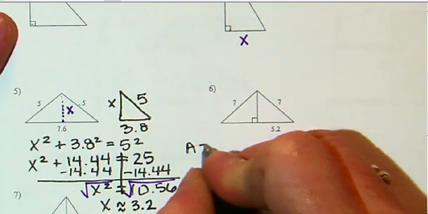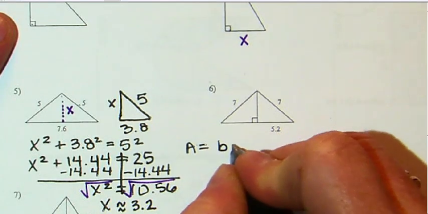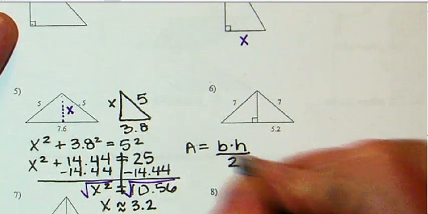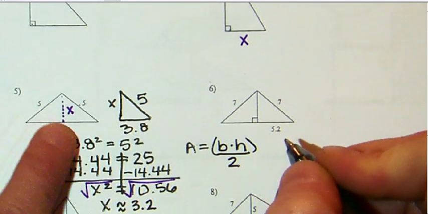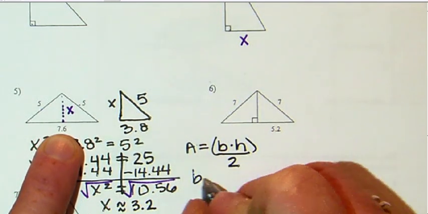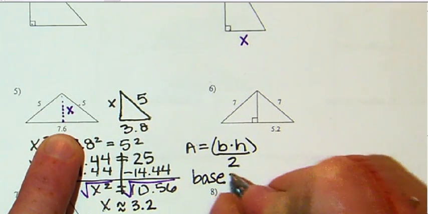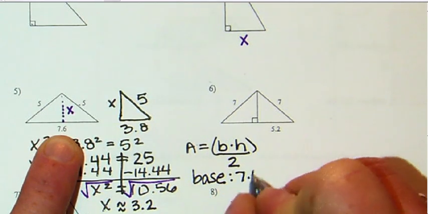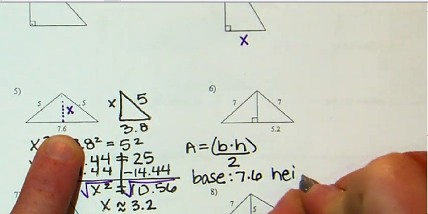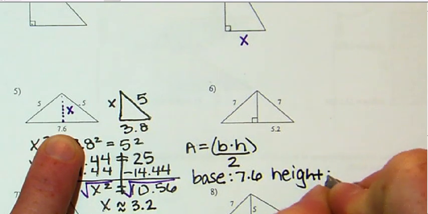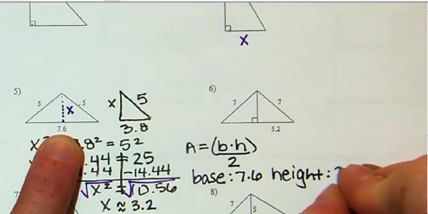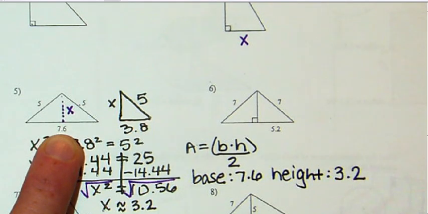Area equals base times height divided by 2. And if we're being very specific here, my base is 7.6. We found the height. My height is going to be 3.2.